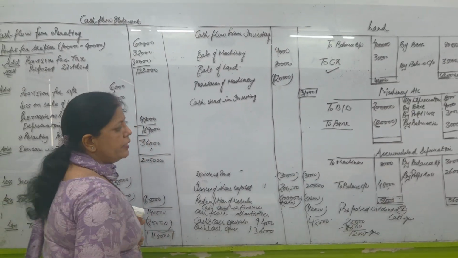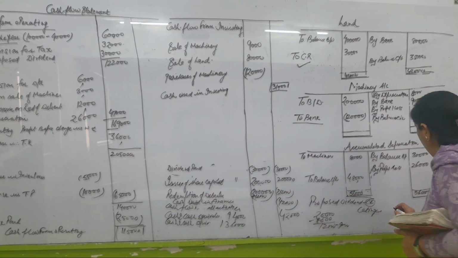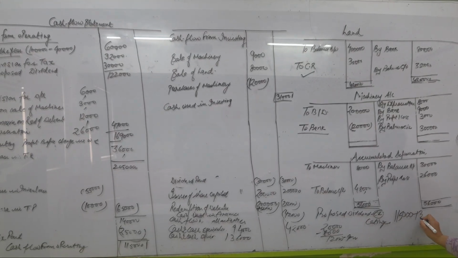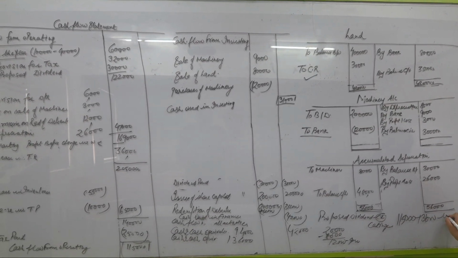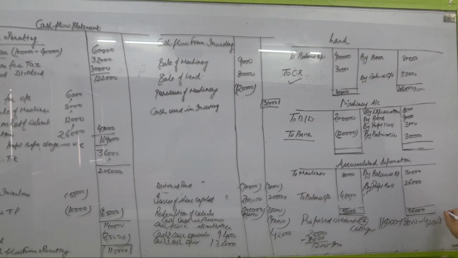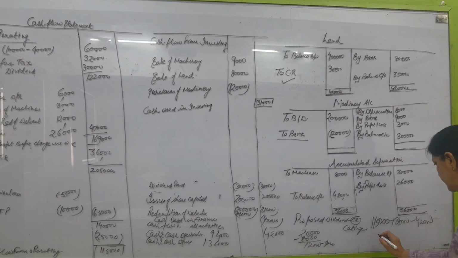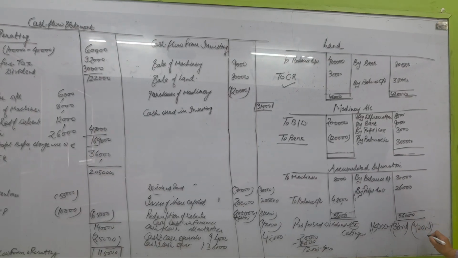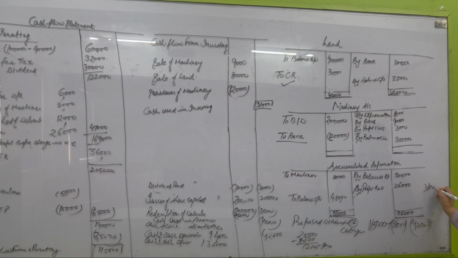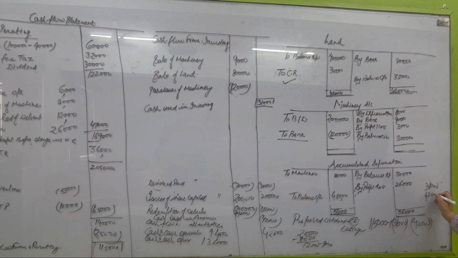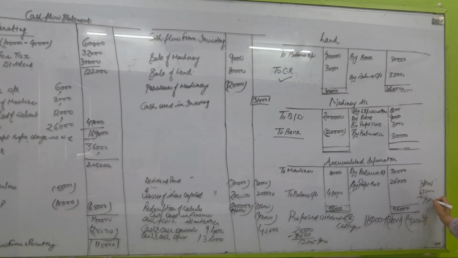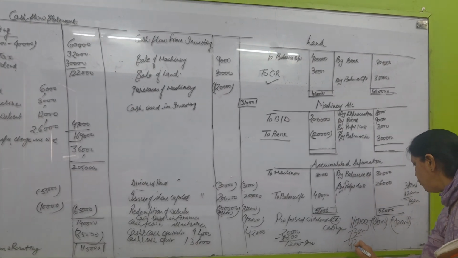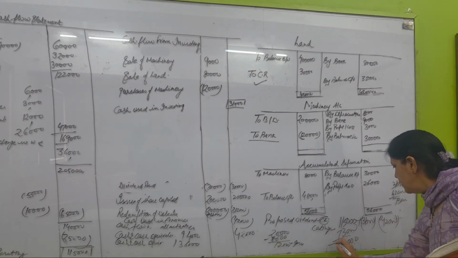Now add all these items. 1,15,000 plus 31,000 minus 42,000, that is 42,000 plus.